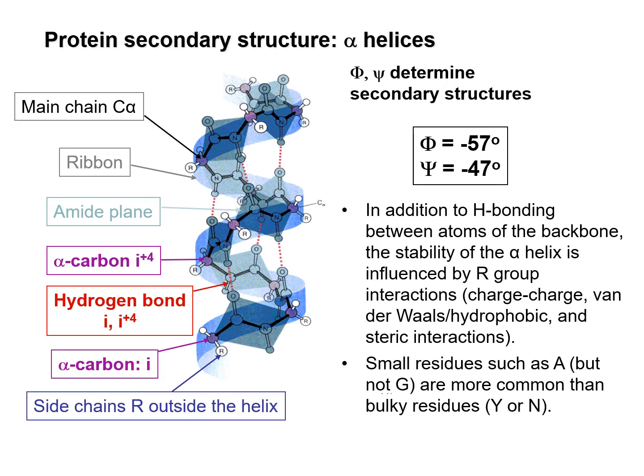The first protein secondary structure that we're going to discuss more is the alpha helix, and it can be shown as a ribbon here, which indicates the backbone of the polypeptide. This is particularly the right-handed alpha helix. You can see the alpha carbon in the main chain too, and also amide planes, which indicate the peptide bonds.